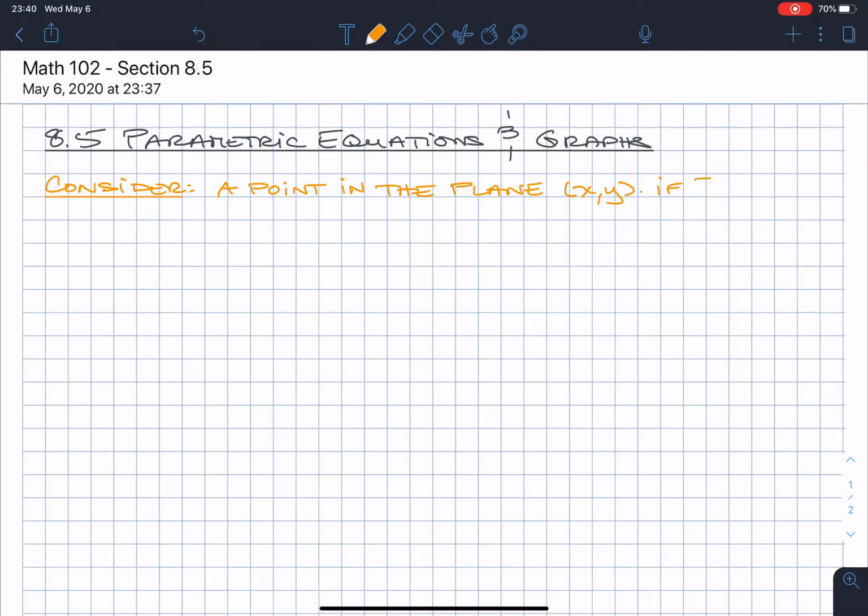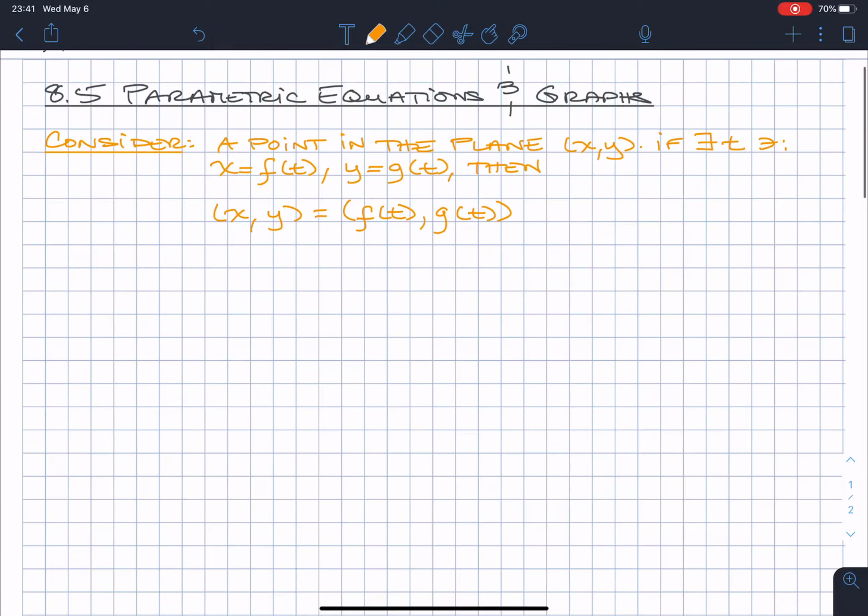So if there exists some real number t such that x is a function f in t and y is also a function g in t, then we can write the point x comma y as f of t comma g of t, where t is the parameter.